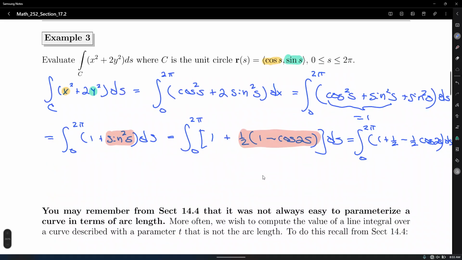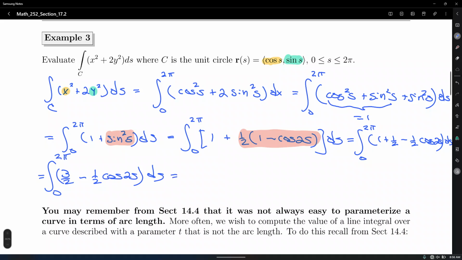The rest of the problem is just a calculus 1 problem. 1 plus 1/2, is that 3/2? That's 3/2. So the integral of 3/2 minus 1/2 cosine 2s ds from 0 to 2 pi. And what's next?